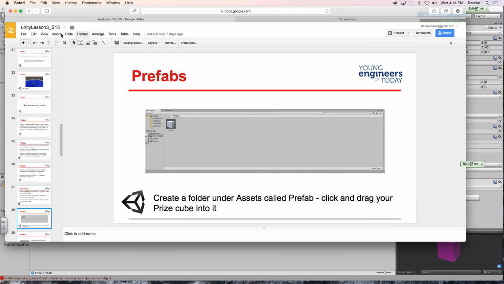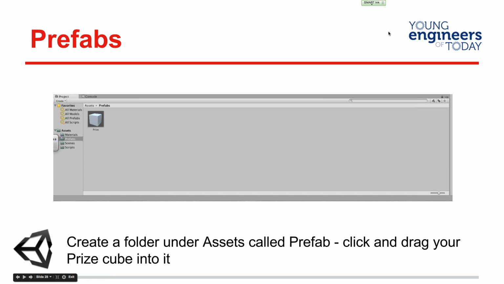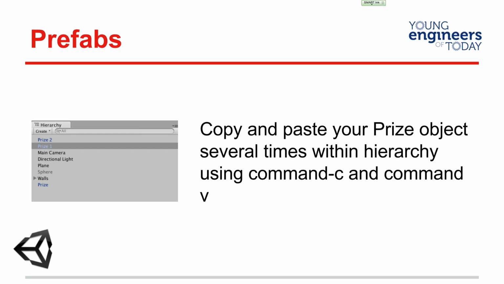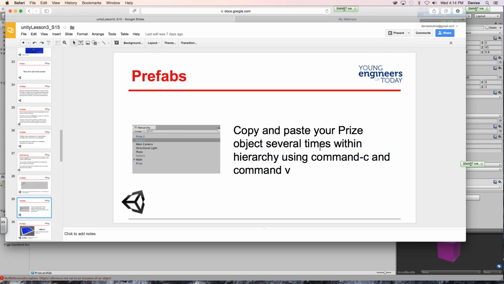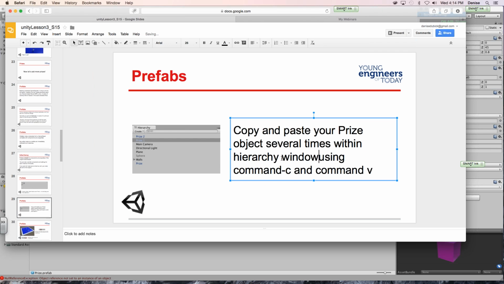Okay. So you made an assets folder called prefabs, and you dragged your prize cube into it. And now you want to copy and paste your prize object several times within the hierarchy window, using Command-C and Command-V, which if you're using a Windows machine is Control-V.